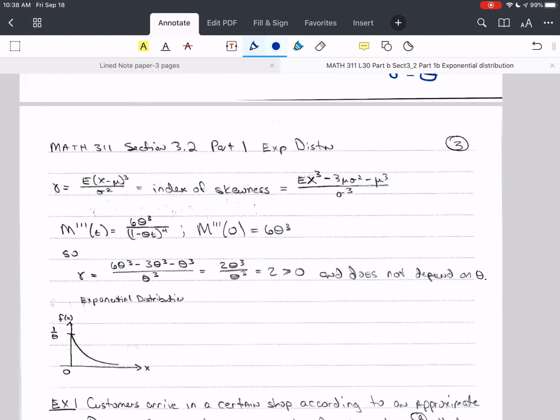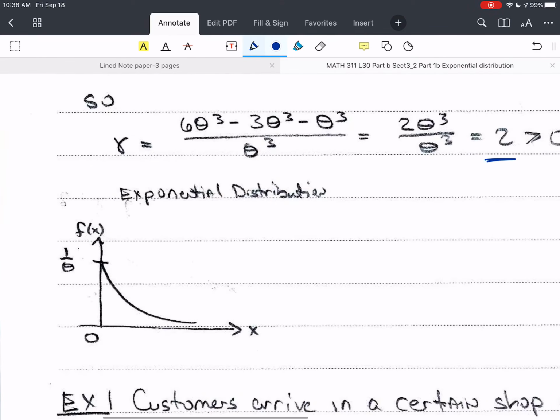Okay. So the index of skewness is given by this expression. And if you remember, the third centered moment on the top. And it turns out that this is actually 2. And so it doesn't matter what theta is. It does not depend on theta. This is positively skewed. In fact, the exponential distribution looks like this.